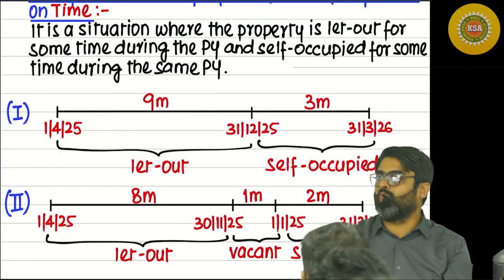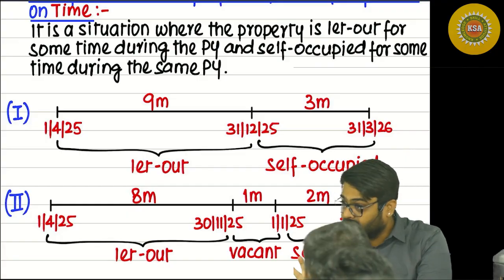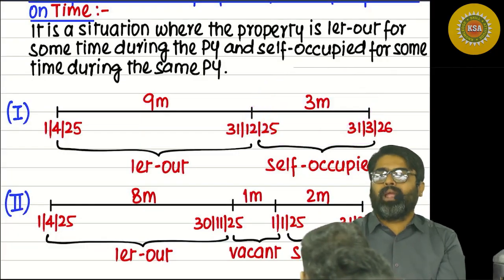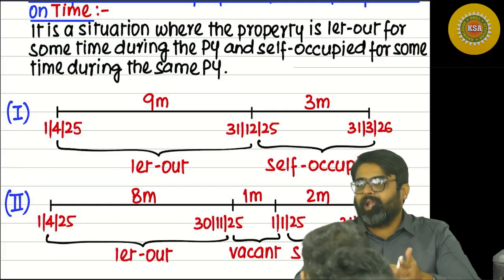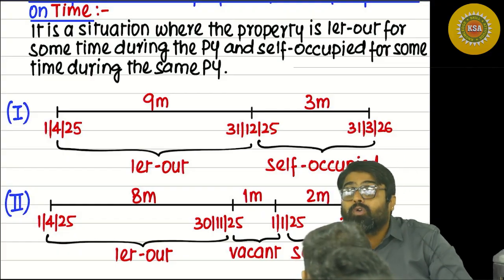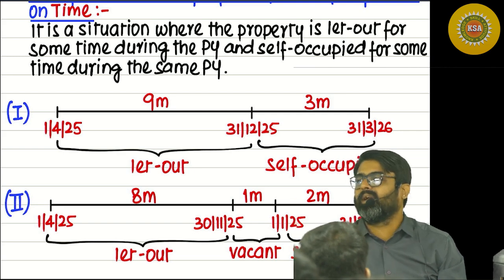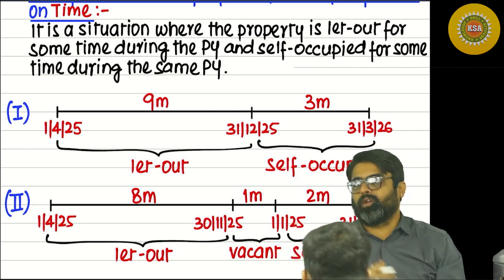Sir, why are you saying that there is no vacancy? For 9 months someone else is occupying, the property is occupied. And for these 3 months, you are occupying. The property is not under lock and key. Property is occupied. Yes or no? So is there any vacancy? So if there is no vacancy, what do we do?